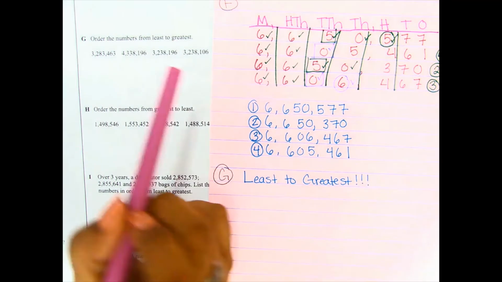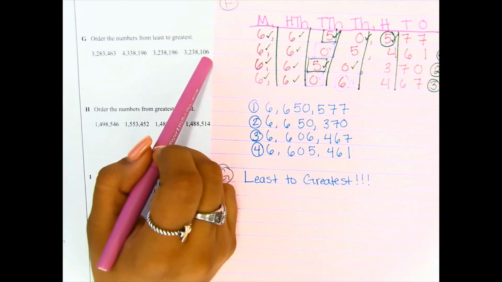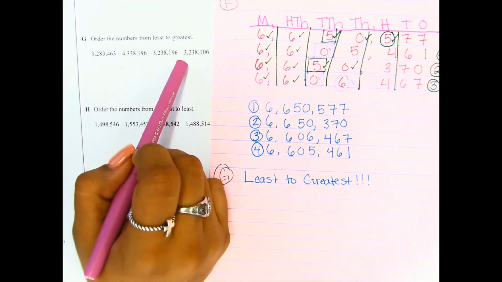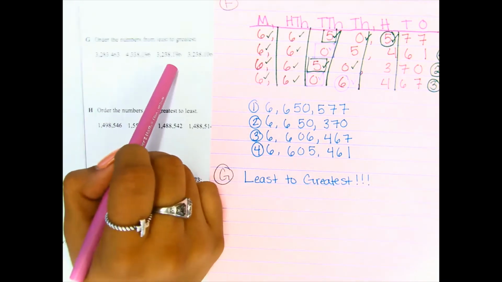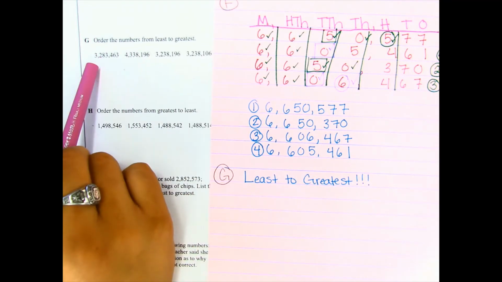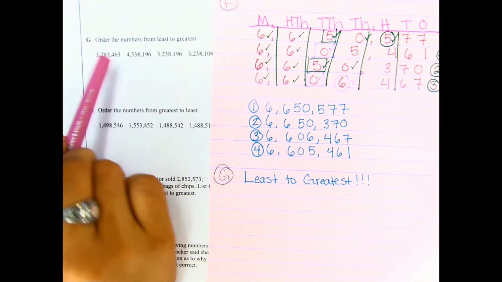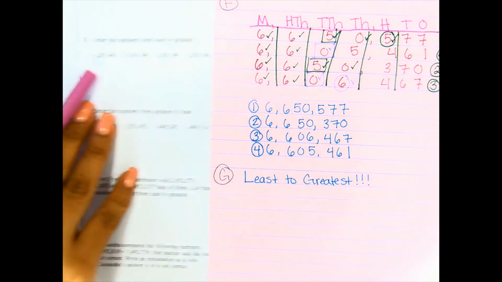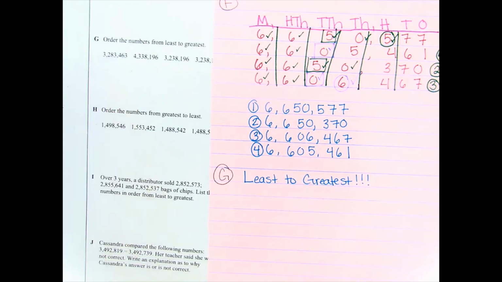the higher place value. So let's see, this one has a highest place value of 3 million, 3 million, 4 million, 3 million, but they are all in my millions place. So now, let's go ahead and write that down.